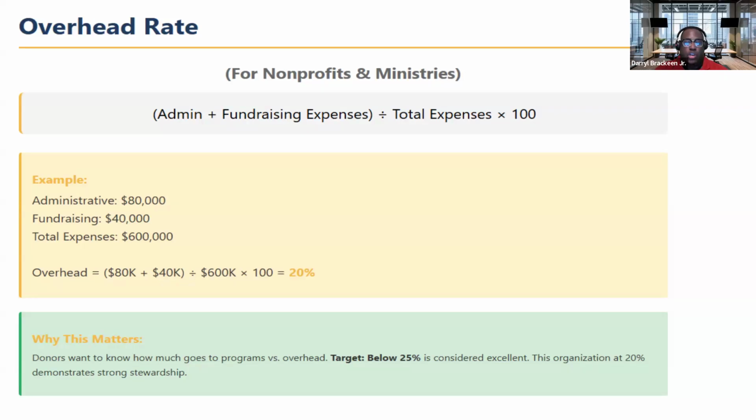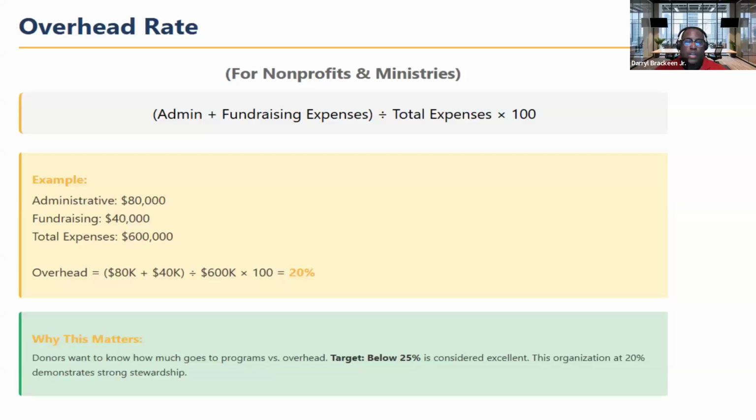For nonprofits, your target needs to be below 25%. And the truth is, a donor who's looking at your nonprofit and looking for a large investment wants to make sure that you have low overhead. That's vitally important. So in this example, you have 80,000 for administrative, 40,000 for fundraising, which makes your total expenses around 600,000.